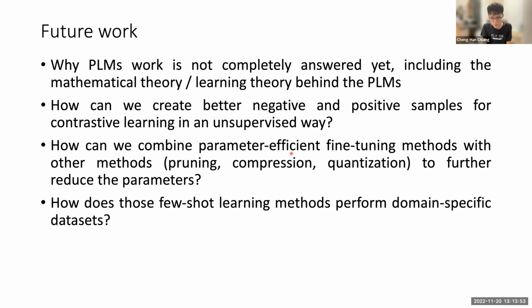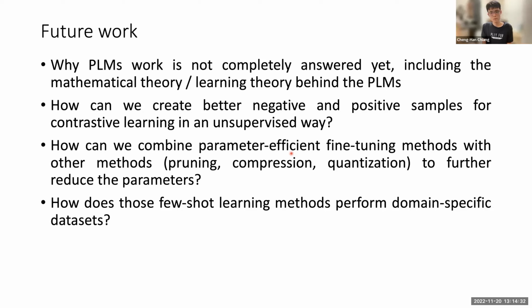For example, if we have a medical question answering data set, then we don't know how few-shot learning will perform on such a domain, because the medical domain is not something people working in natural language processing will usually encounter. So if the performance of few-shot learning on those medical question answering datasets is not good enough, how can we adapt the language model to different domains and allow them to perform downstream tasks in a few-shot or zero-shot manner?